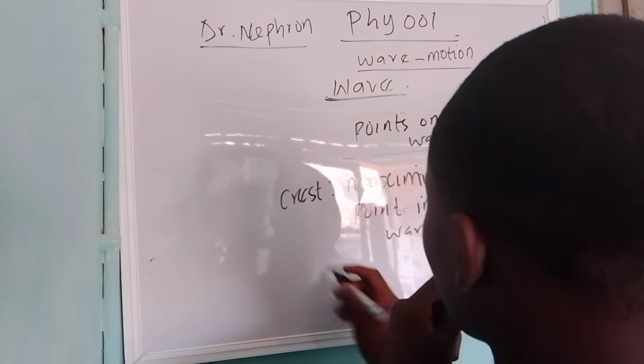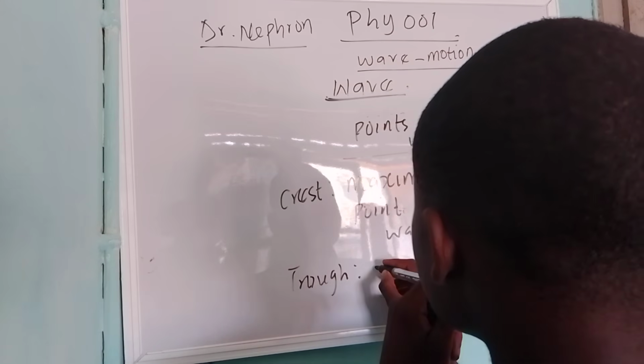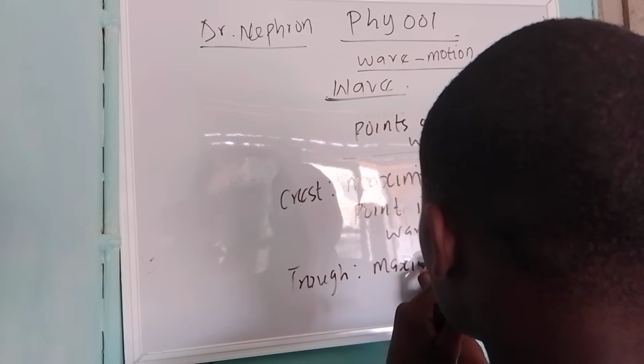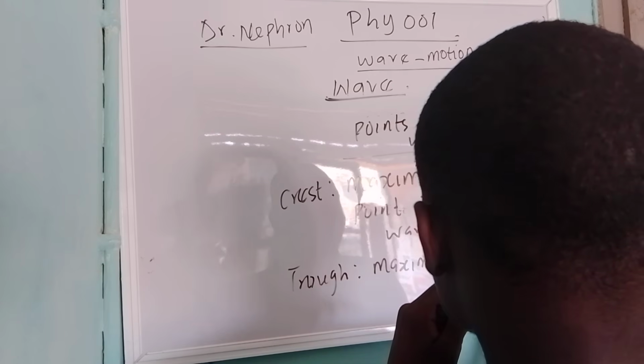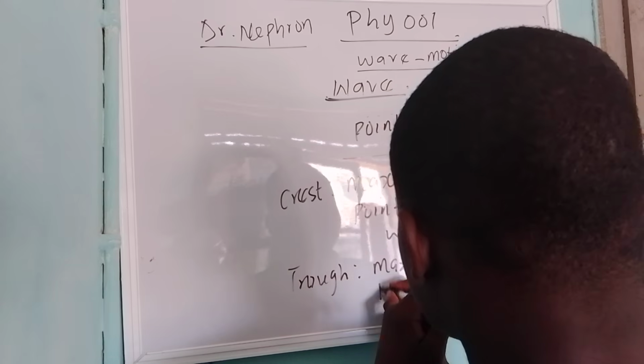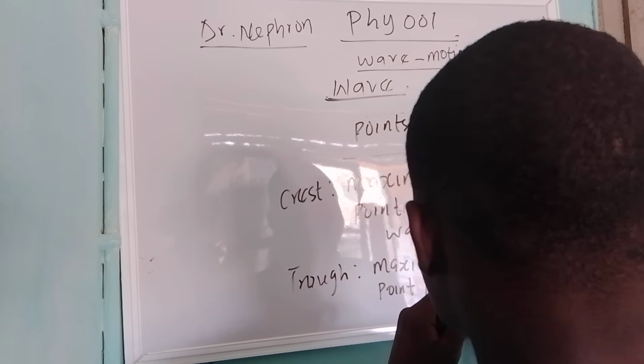Why trough? A trough is a maximum downward point in a transverse wave.